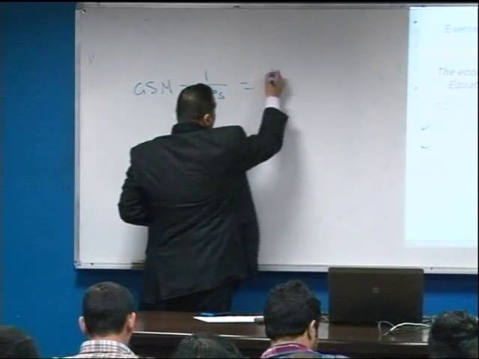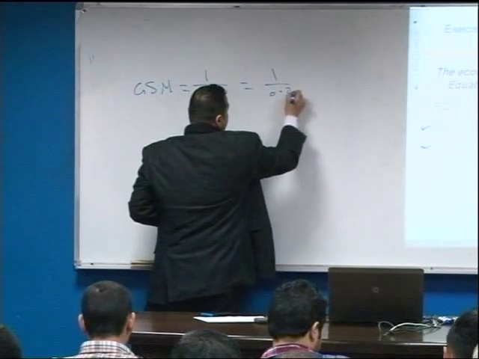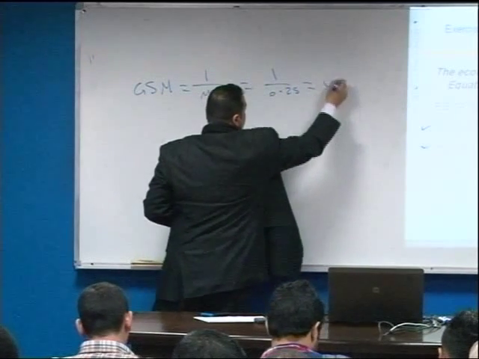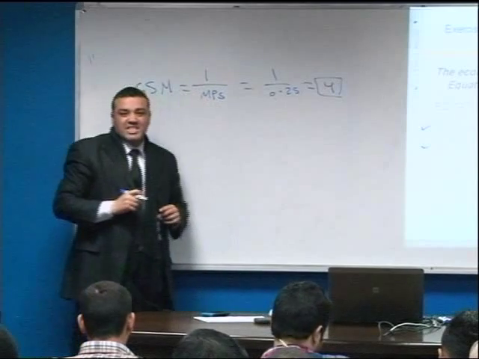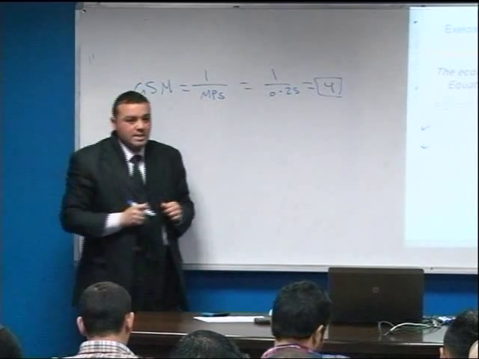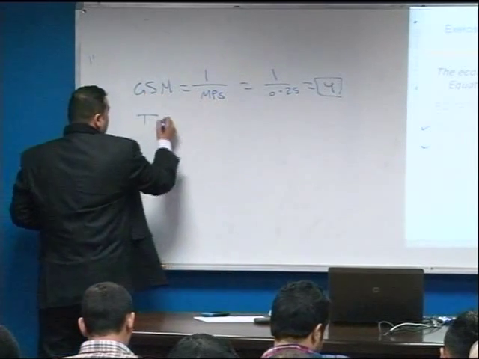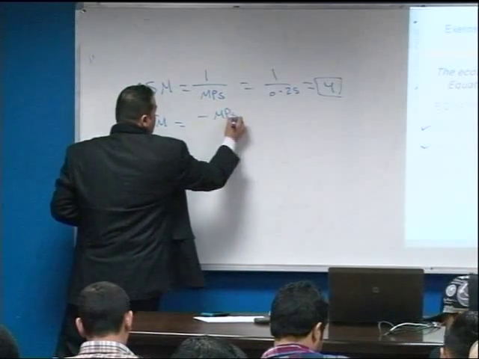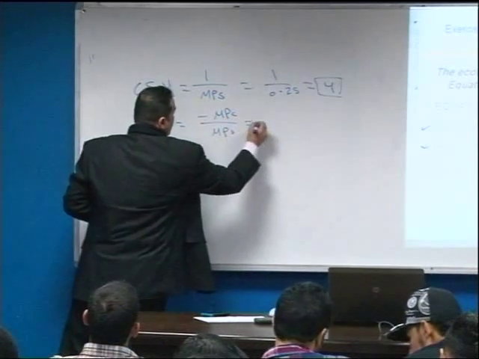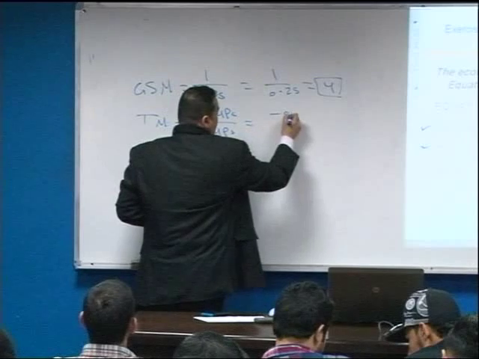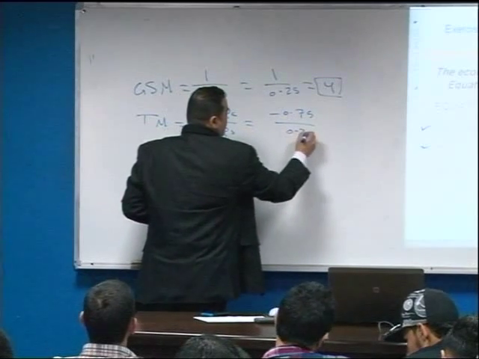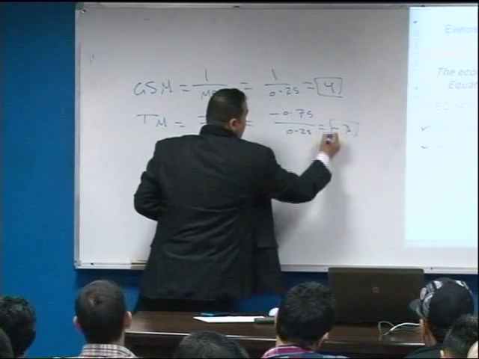Which equals 1 over 0.25 equals 4. That's it. What about the tax multiplier? Tax multiplier equals minus MBC over MBS equals minus 0.75 over 0.25 equals minus 3.